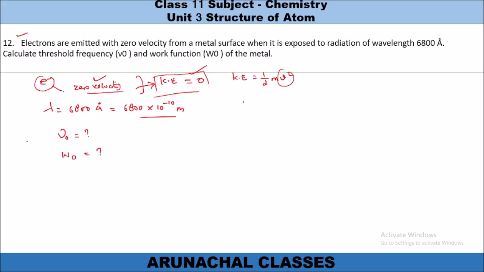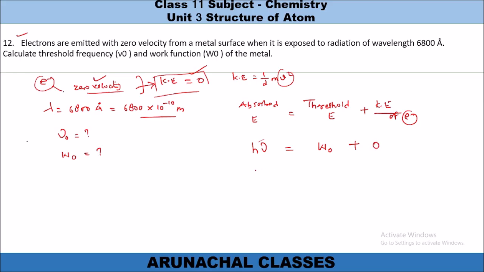We also know the relationship that absorbed energy is equal to threshold energy plus the kinetic energy of photoelectrons. So absorbed energy will be hν, equal to threshold energy, which is the work function W₀, plus the kinetic energy of the photoelectron, which will be 0.